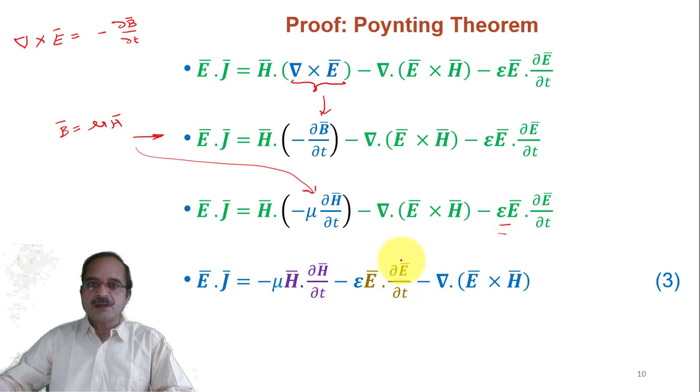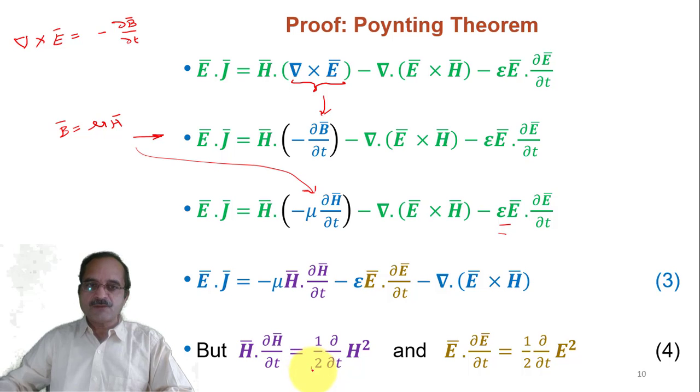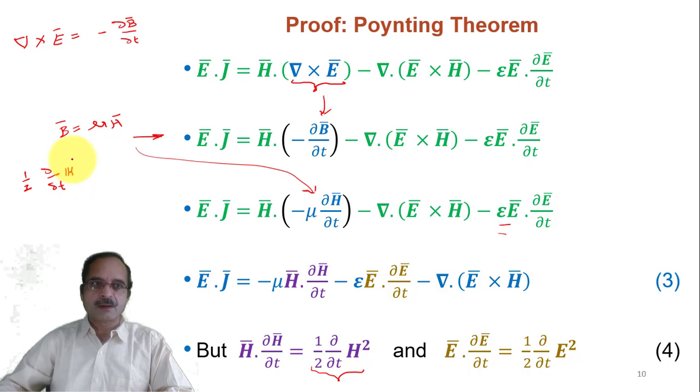Then this term minus epsilon E dot dE by dt, minus this term del dot E cross H. Now these terms H dot dH by dt and E dot dE by dt we substitute as 1 by 2 d dt H square, because 1 by 2 d dt H square is nothing but 1 by 2 into 2H d dt H. So if this 2 cancels, this is nothing but H dot dH by dt.